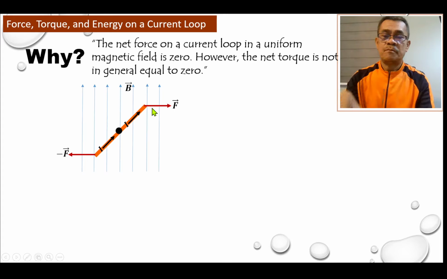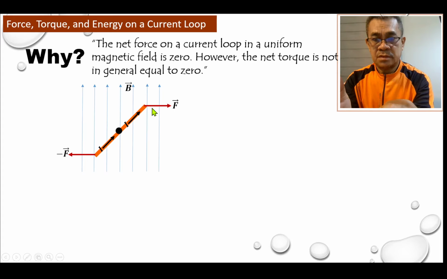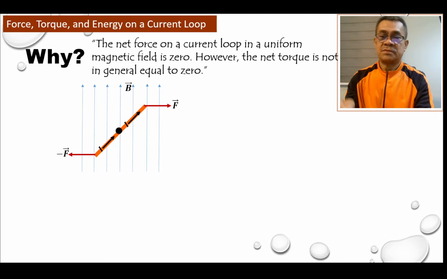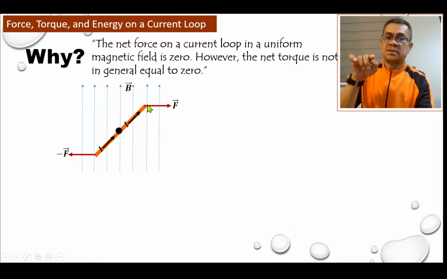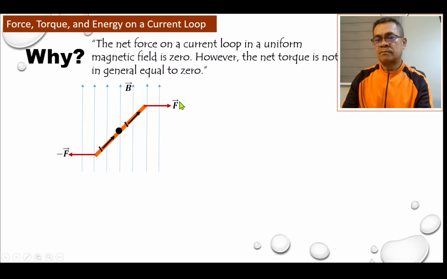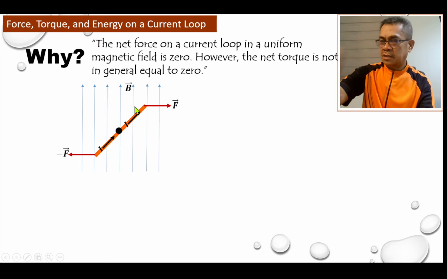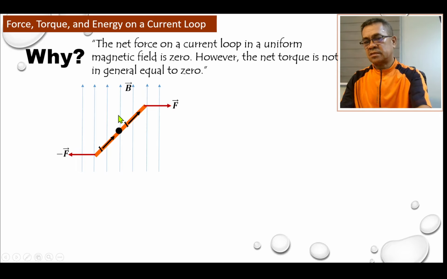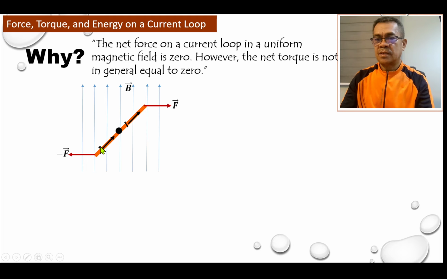Because this is a square loop, it has four segments. The first segment is into the plane, which has a force of this F, and we have the opposite side, another segment, where the current is downward.